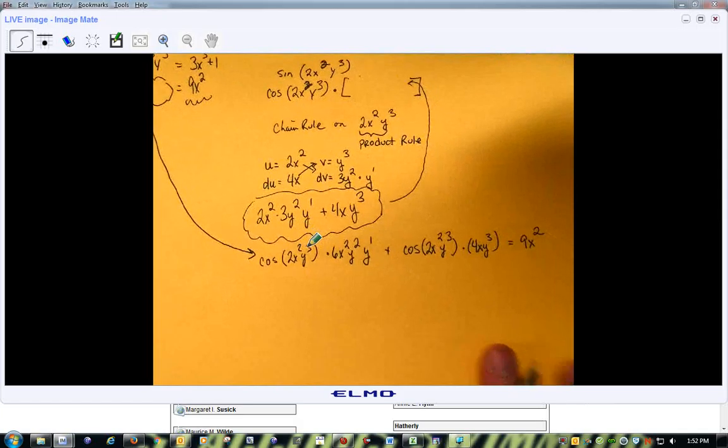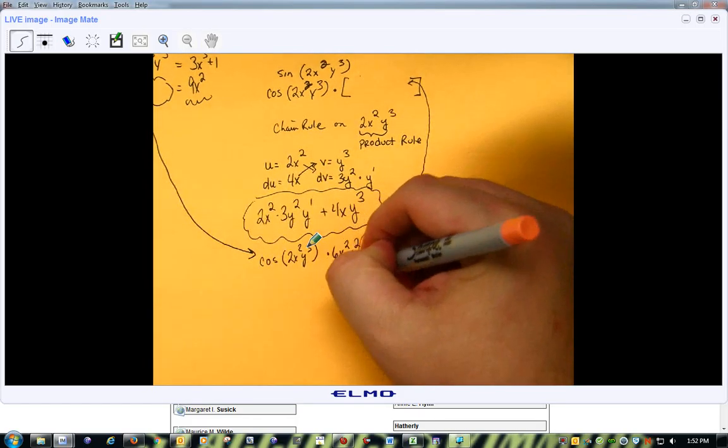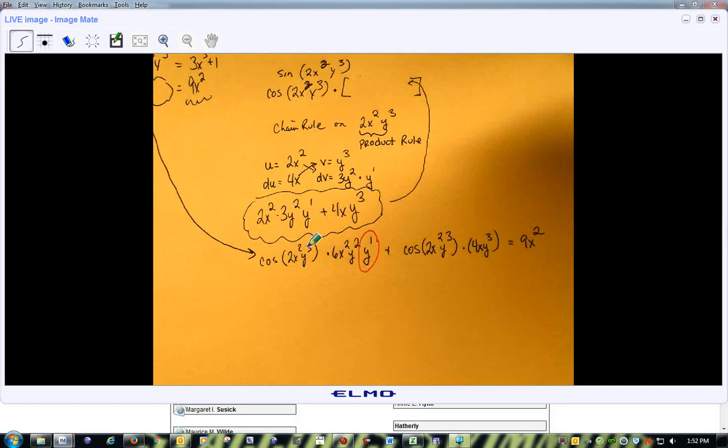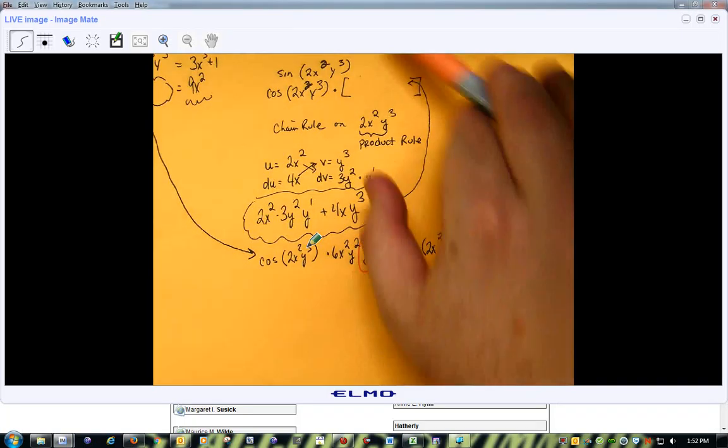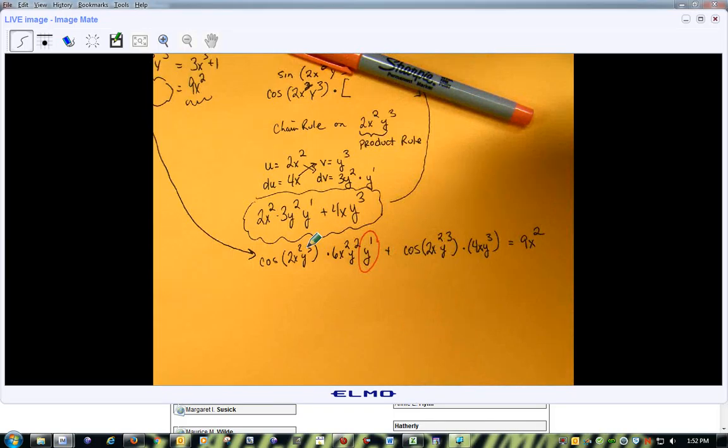Now, the key is, what are we solving for? You're solving for y prime. So we're solving for y prime. So I need to get everything as far away from y prime as possible.